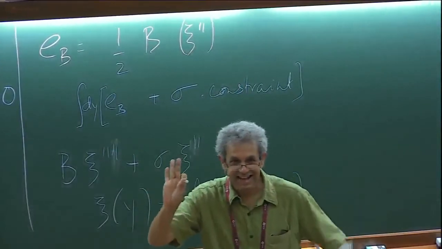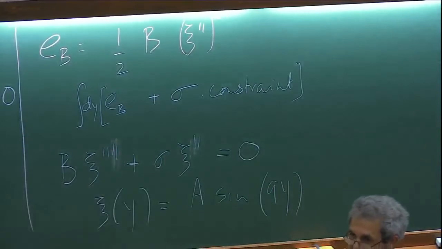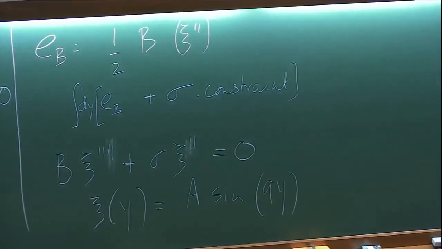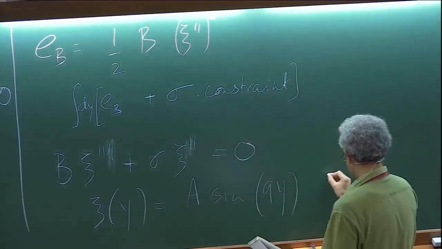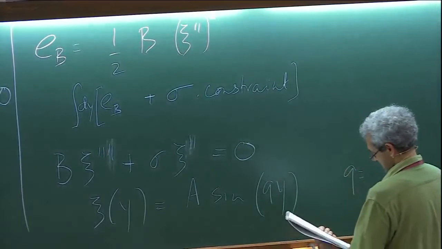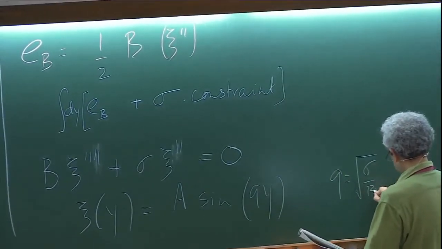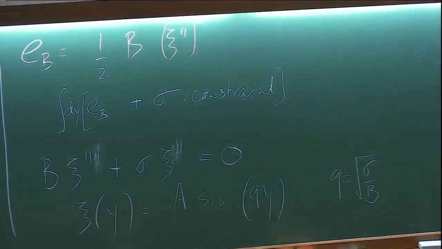I'm so sorry. Yeah, I knew there was some trouble here, and I couldn't figure out what the problem was. Okay, and the Q here is just root sigma over B. Okay.